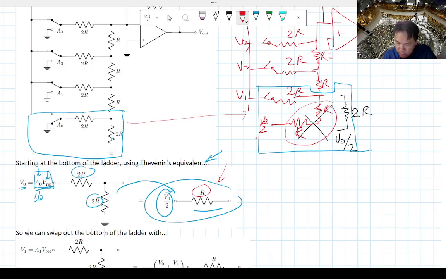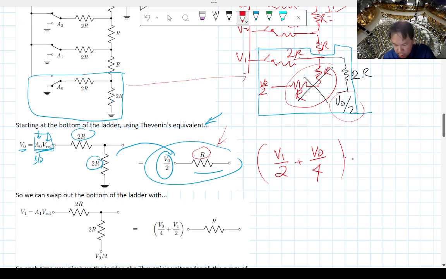The equivalent of this will be basically what V1 is divided by 2, but then V0 started off as V over 2, and then you're going to have another factor of 2 there. So it's going to be V over 4 when you do this Thevenin's equivalent again.